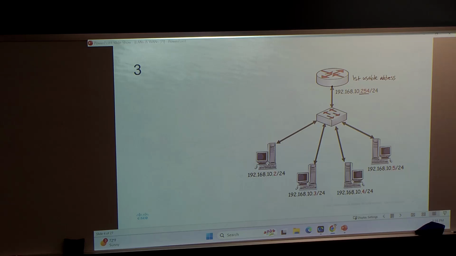The network address is when all of the host bits are what? They're off. Yeah, they're all turned off. Yep, all the zeros are off, right?